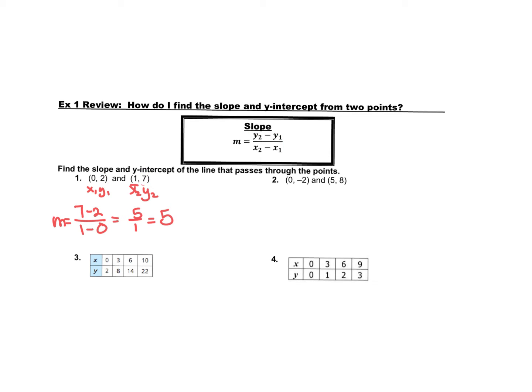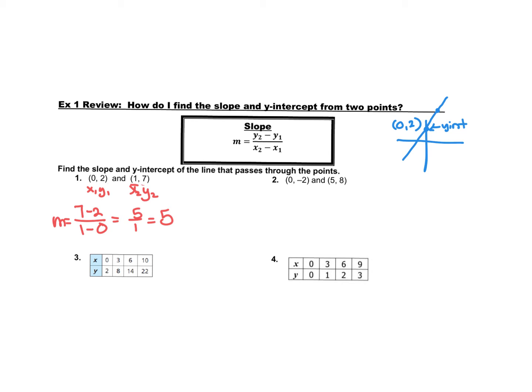Now let's talk a little bit about that y-intercept. Remember, the y-intercept is where the line crosses the y-axis. I'm going to draw over here and plot the points 0, 2, and then 1, 7. So I'd have 0, 2, and then over 1, up 7. It looks something like this. This is what that line would look like. Right here is the y-intercept, and that point is 0, 2.